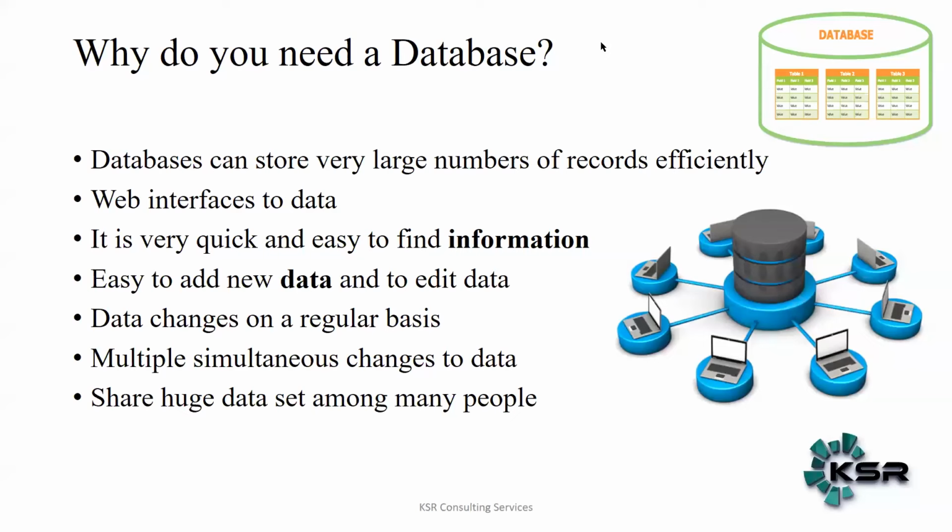Where is it stored? It is stored in the database. Why do you need a database? Of course, if you want to have the business running, we need to have the database. We need to have the data that should be stored, right? Without database, how can you work with the data?